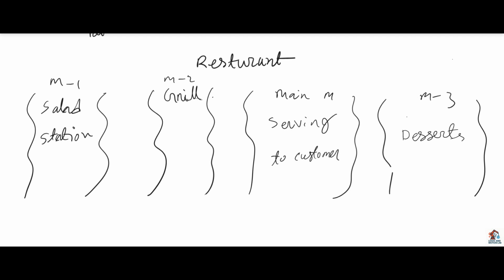Now inside the main module, we have the main procedure, which will be like collecting the food from salad station, grill station, and from the dessert, and serving it to the customer. That will be in the main procedure. Now inside the other modules, you can have multiple other procedures. Like in grill station, you have a procedure like grill the meat.